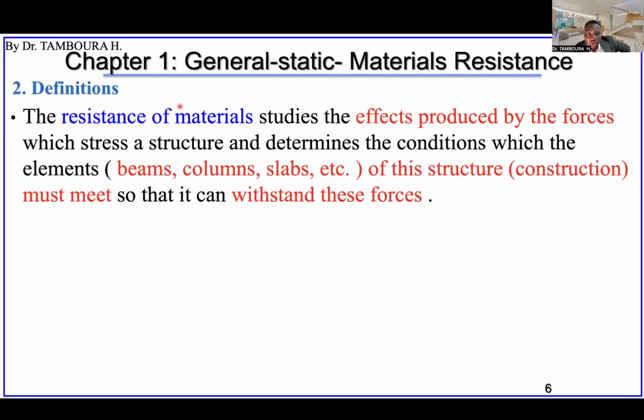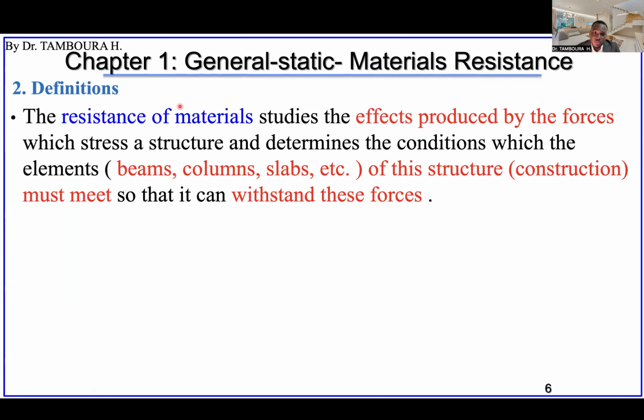Definition. The resistance of material, or material resistance, studies the effect that forces produce on a structure.